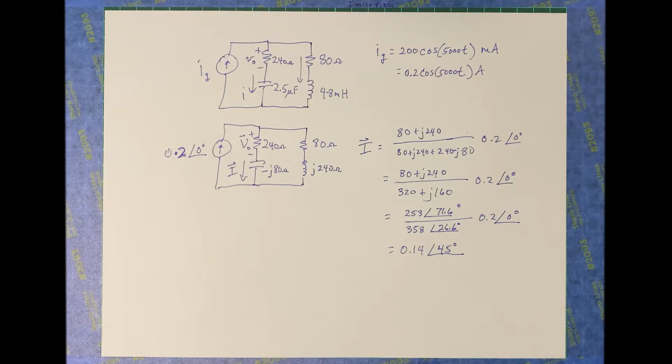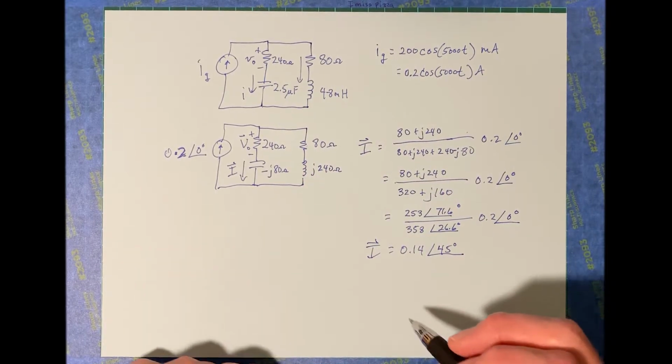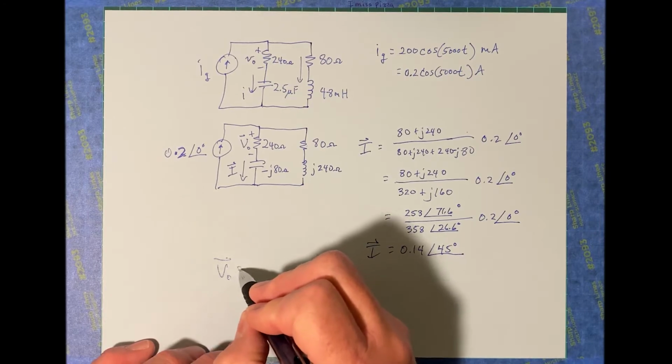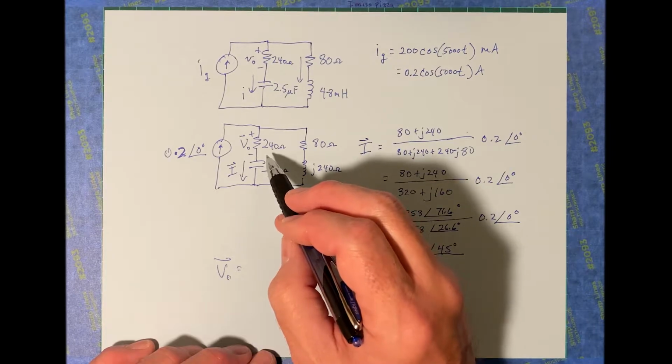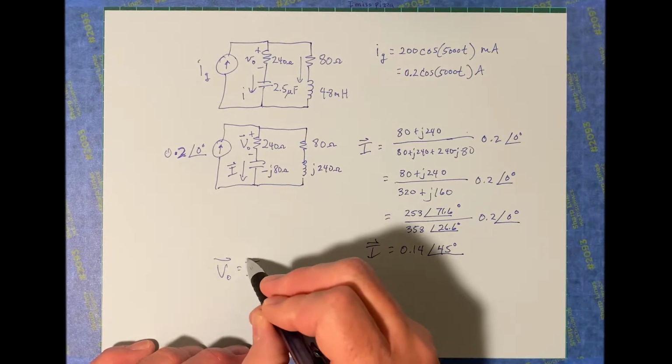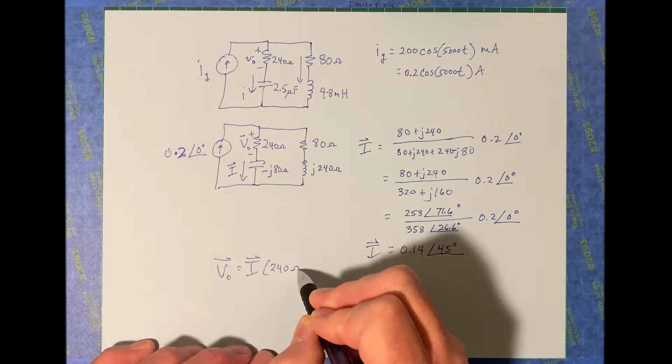Okay, let me double check that with my calculator here. 253 times 0.2 divided by 358. Yep, okay. All right, so there is our phasor I here. Then V naught is going to be I times Z, which is 240 ohms.